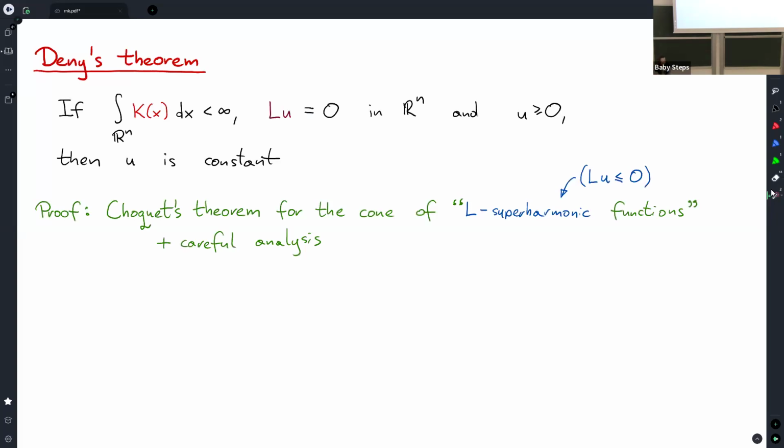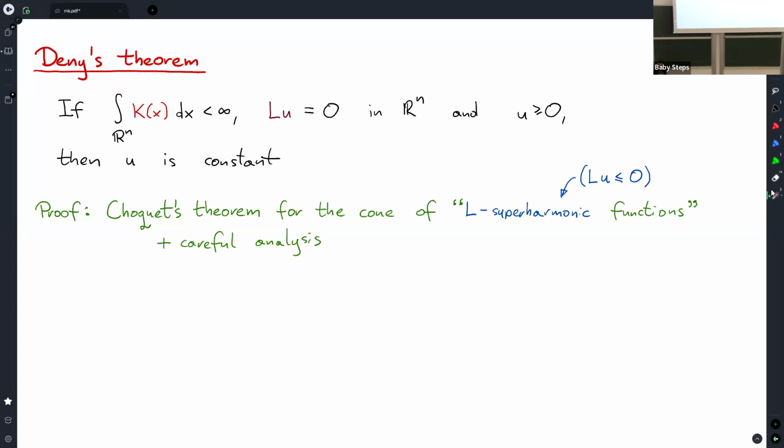Actually, it uses the abstract Choquet's theorem on convex cones. The cone which is studied here is the cone of what are called superharmonic functions. One considers functions which are not solutions of that equation, but instead they satisfy the inequality: the operator L applied to U is non-positive.